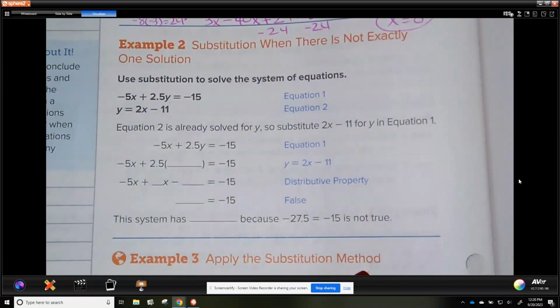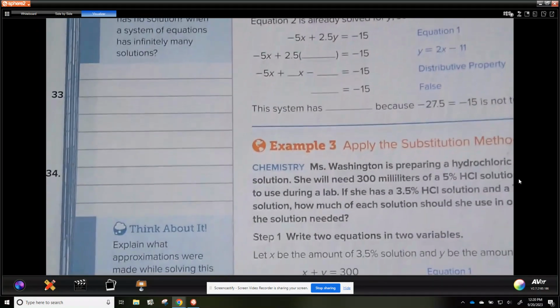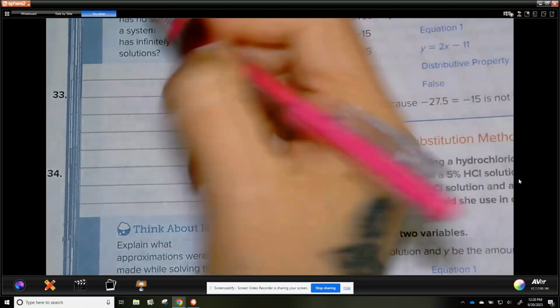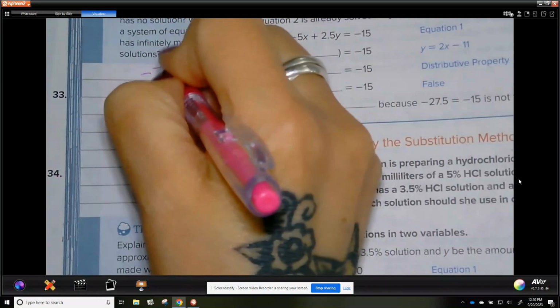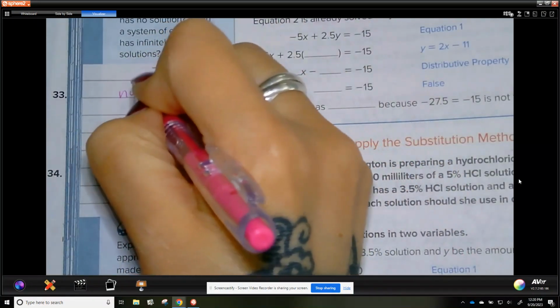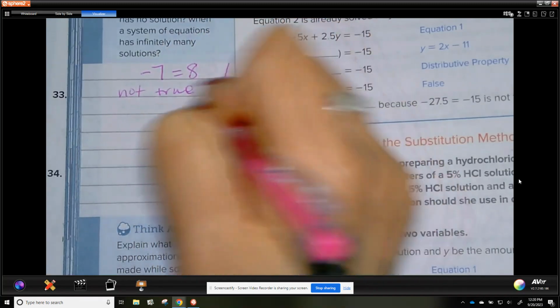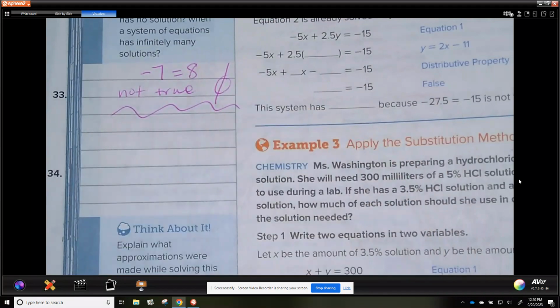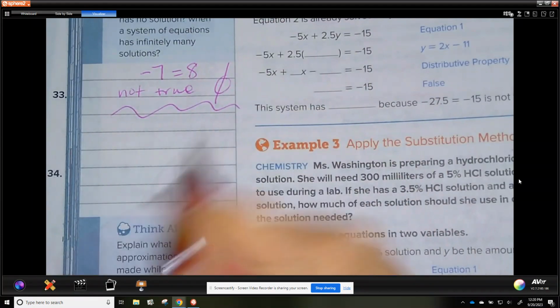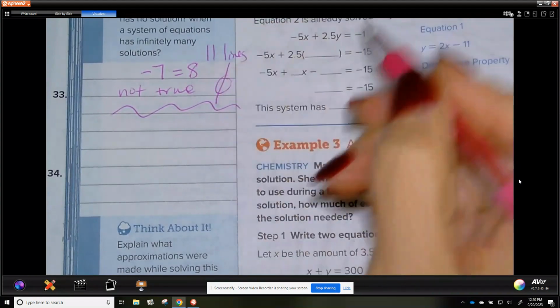Now they say when there is not exactly one solution. So what are the cases for that? We could have -7 equals 8. That's not true. So there is no solution when you get something like that. Those lines are parallel lines.